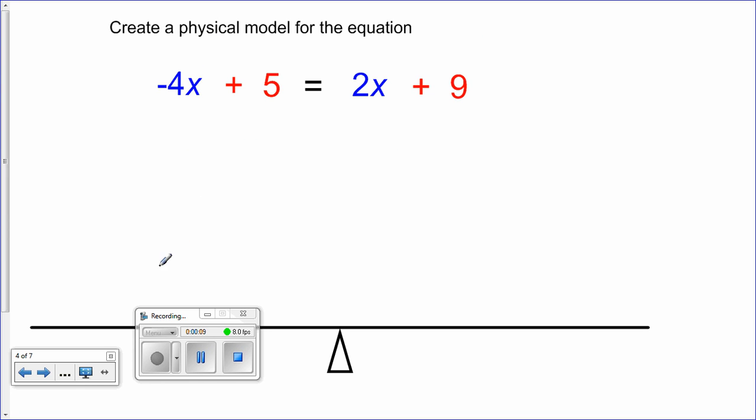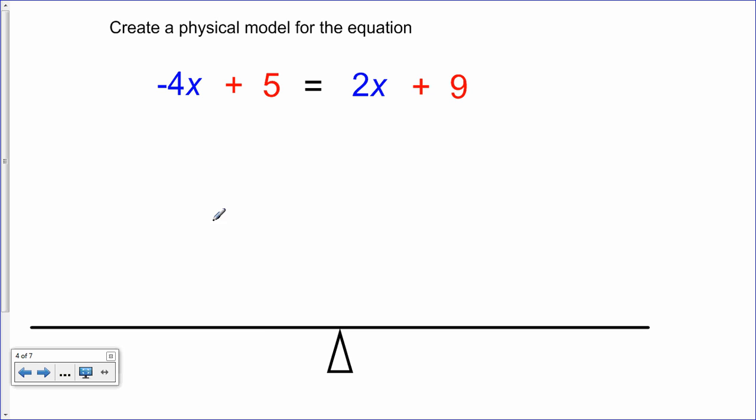Okay, there's a second example with variable terms on both sides of the equation. We're going to model this here with negative x, negative x, negative x, negative x. So I've got four negative x's.